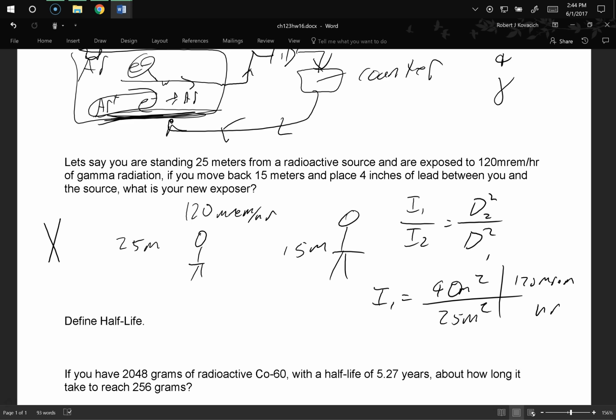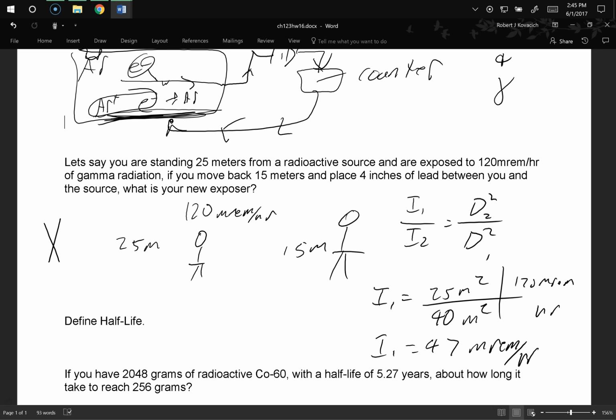Yeah, that's totally wrong. Oops. 25, 40. That's better. There we go. So my new intensity at this distance is, I'll say, 47 millirem per hour.